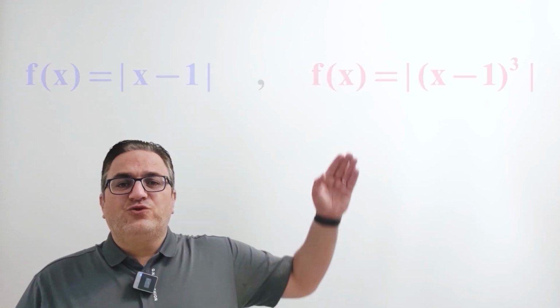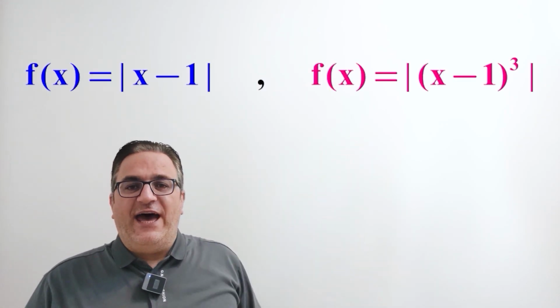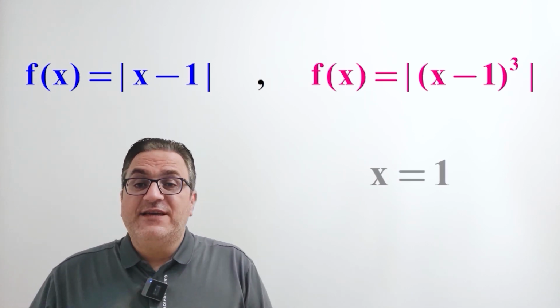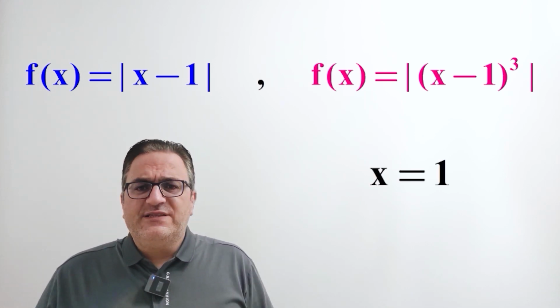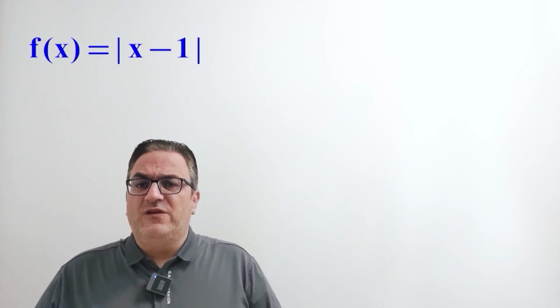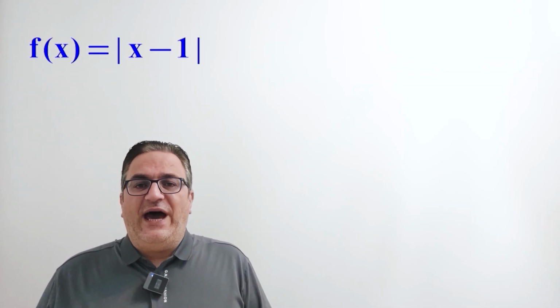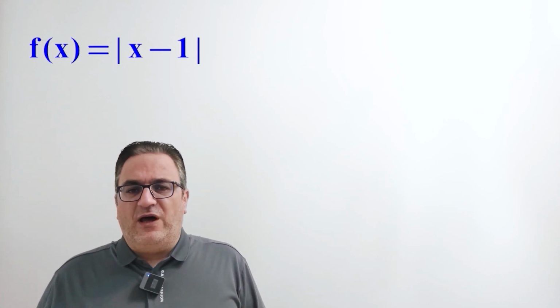Let's do it. Okay guys, let's look at how we check differentiability using the limit definition. We have two functions here, and we're gonna test both of them at their root, which is x equals 1. First, let's look at f of x equals the absolute value of x minus 1. To find the derivative at 1, we use the formula.